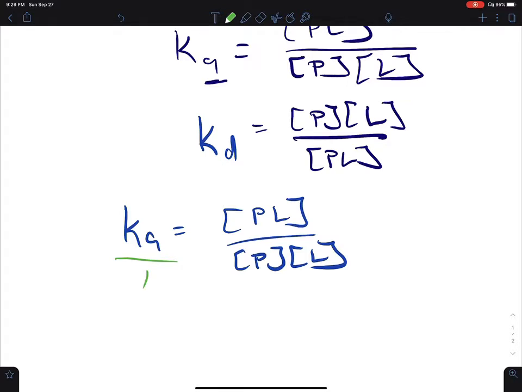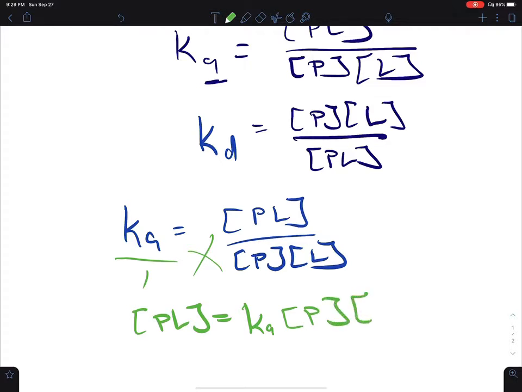We want to solve for PL, we just cross multiply and divide. So PL would be equal to Ka times P times L, right? So we can define the concentration of the associated complex PL as the concentration of protein times the concentration of the ligand times the Ka. And that's going to be important later.